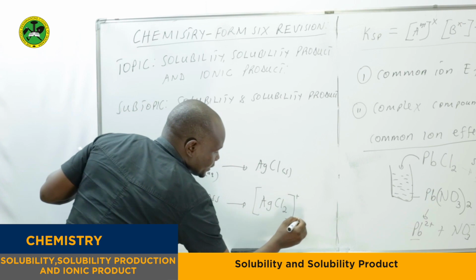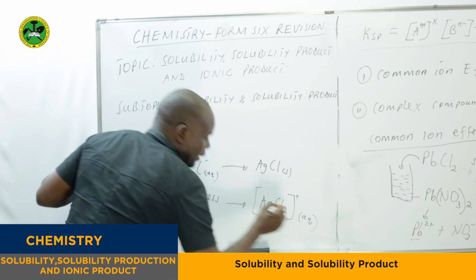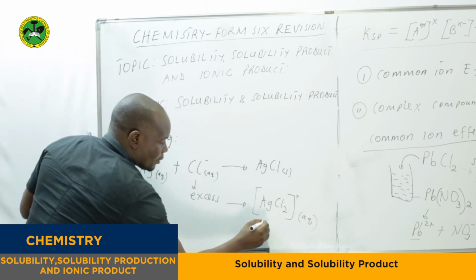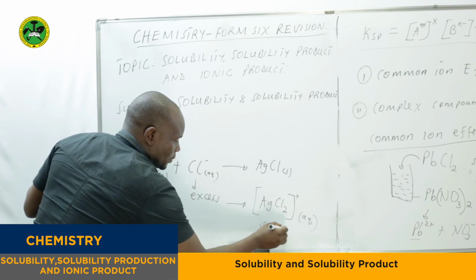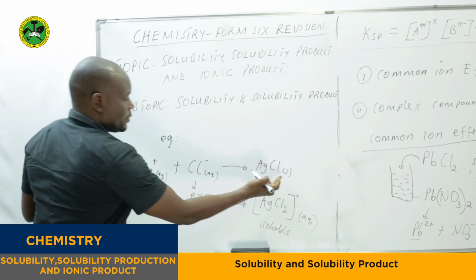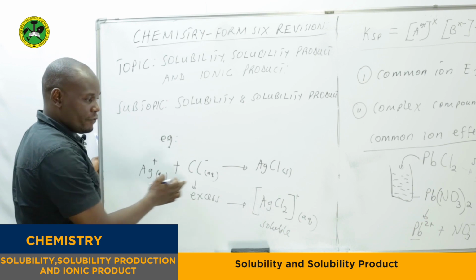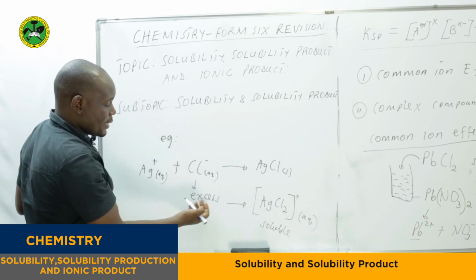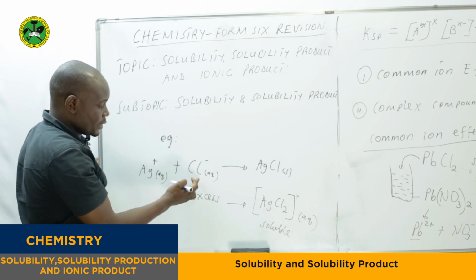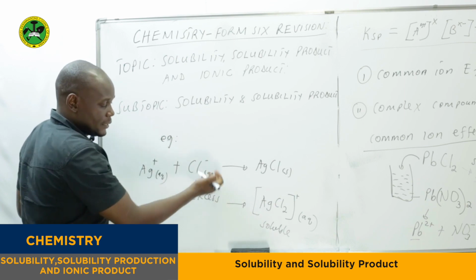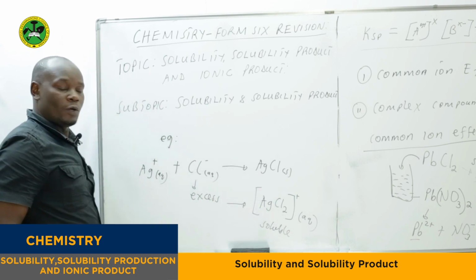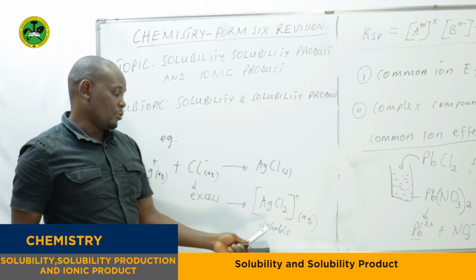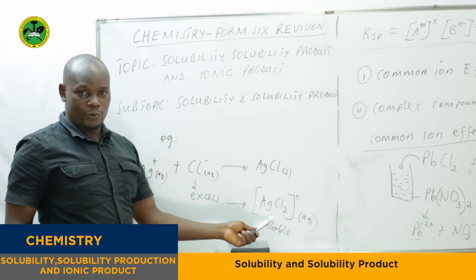And this is now aqueous, so this is soluble. So the solubility of silver has been increased after increasing the concentration of chloride ions, which leads to the formation of a complex compound which is a soluble compound.